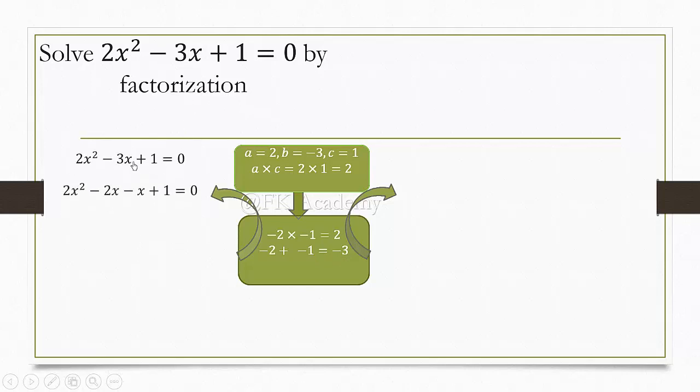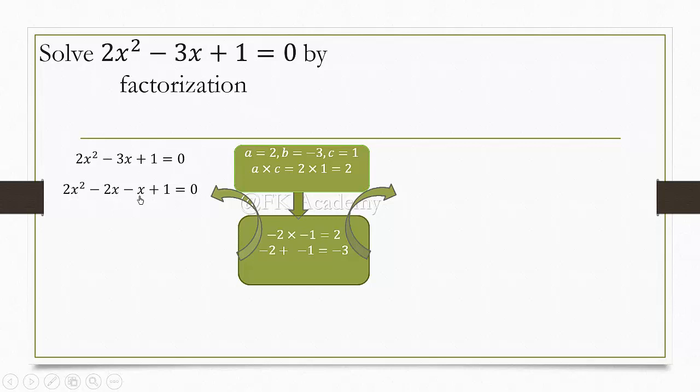So we can now split the middle term here, negative 3x, into negative 2x plus negative 1x. That is what we have here. So now we have 4 terms. We take the first 2 terms, we can factor 2x out.